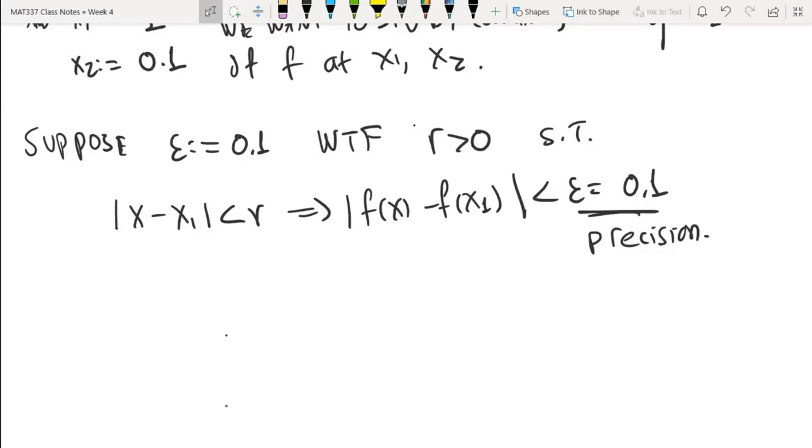All right. So let's see. Let me do it for x1 first. So we reverse engineer.